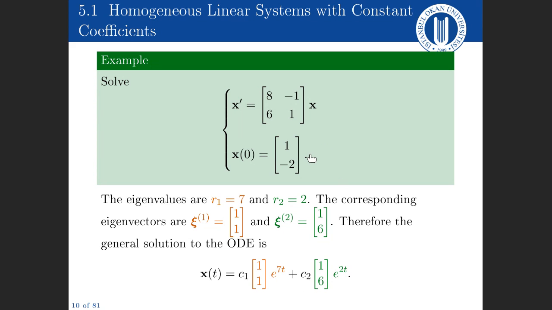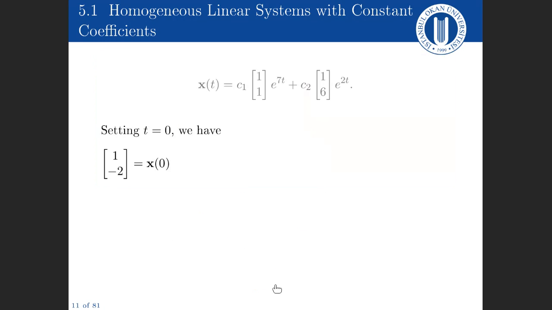We need to find the correct constants c1 and c2 which satisfy the initial condition. We want to have x of 0 equal to (1, -2). So I'm starting with this, and I'm going to replace every t by 0. I get (c1 + c2, c1 + 6c2).